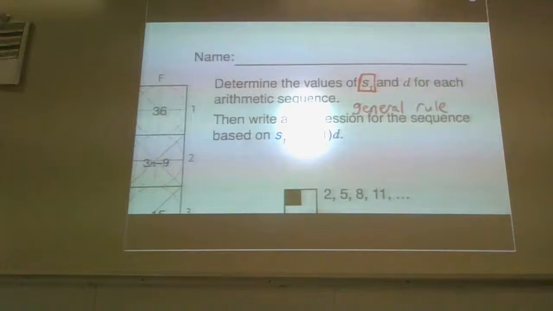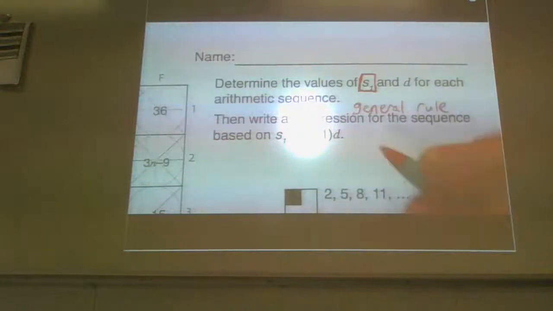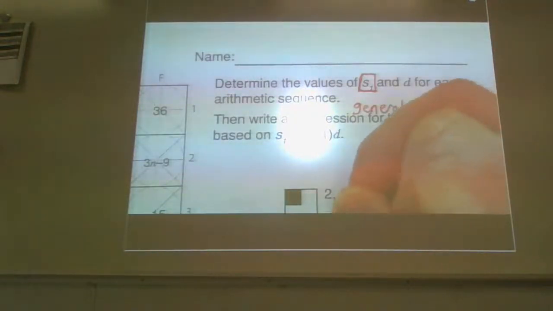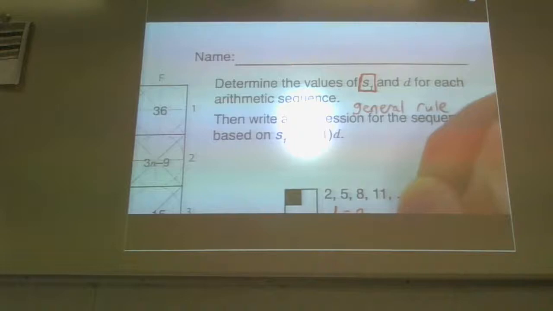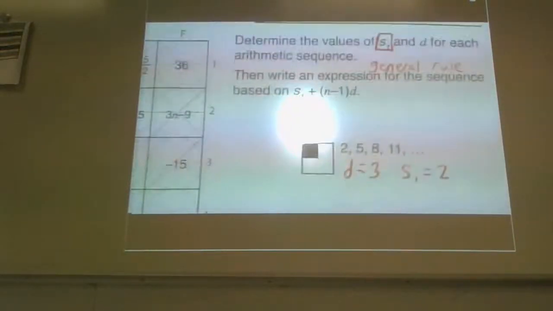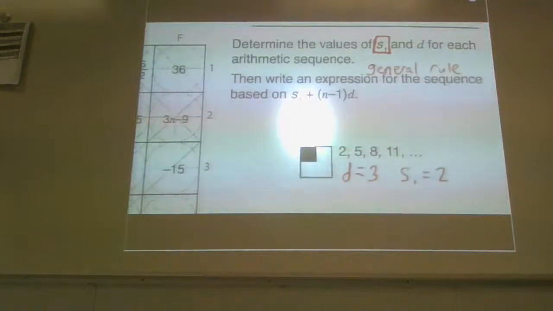So it's like, okay, well, I just take the 2 and I plug it in for S sub 1, and it's plus 3 every time, so I plug in a 3 for D. Oh, you can't see what I'm writing. There we go. I'm just identifying what those pieces were. And then we could potentially identify what that general rule is.